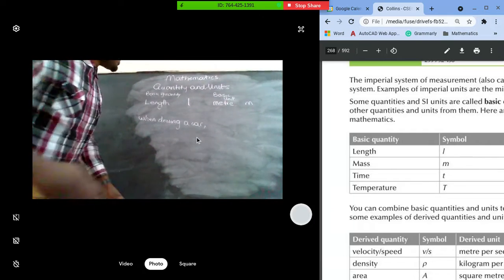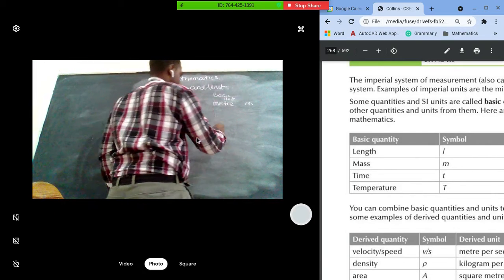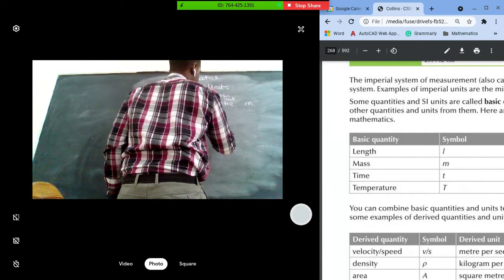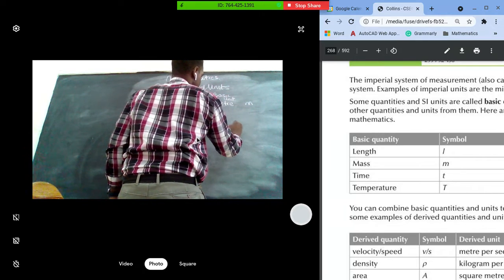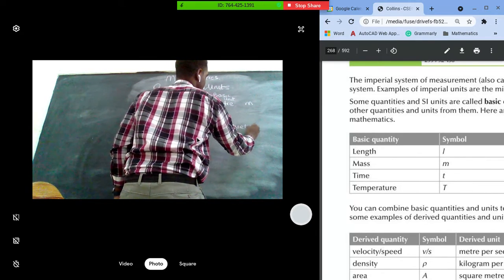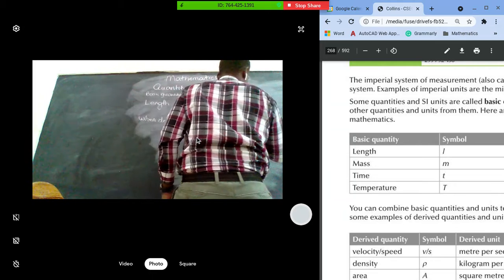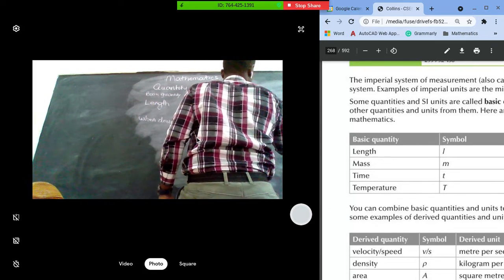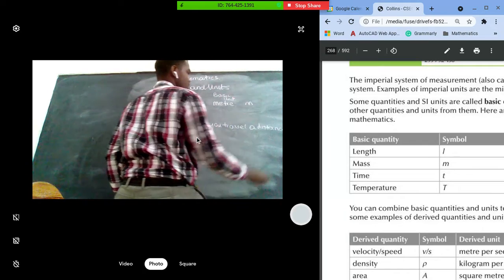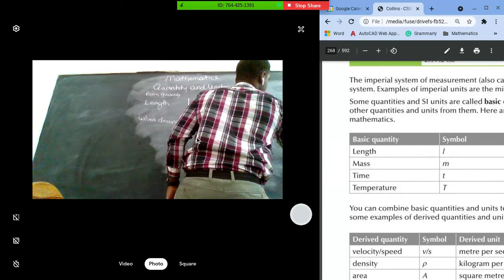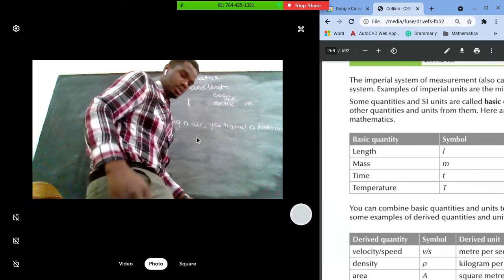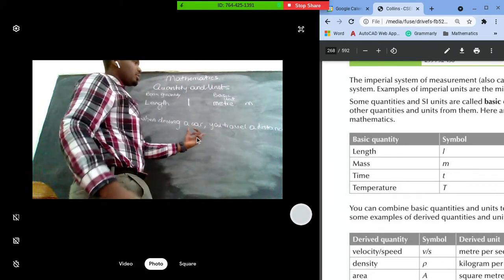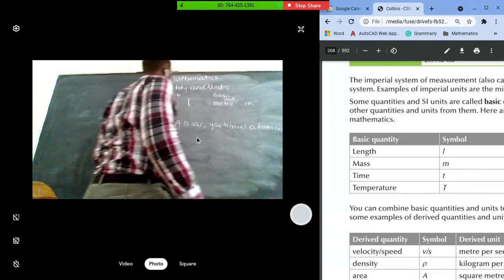Yes, sir. So it says, when driving a car, you travel a distance, and we know that's meter, so we're going to put in brackets m. When driving a car, you travel a distance, m.